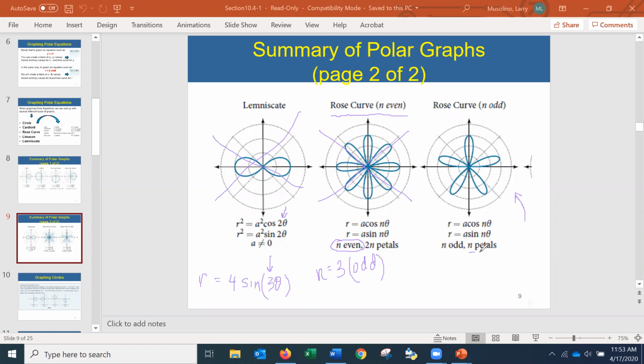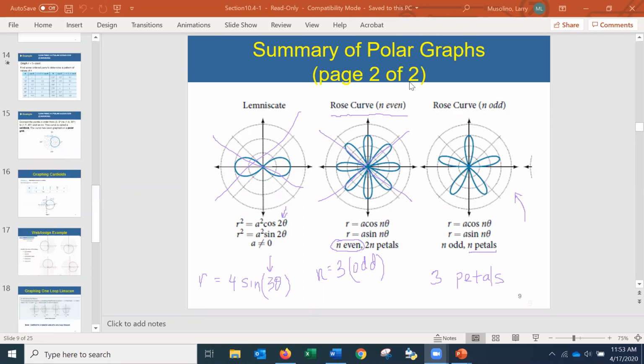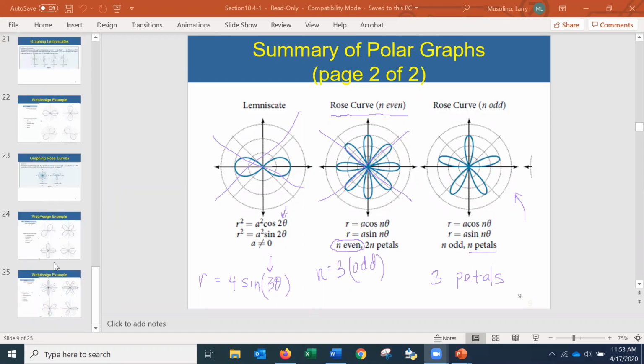And notice it says n petals. So our graph has to have 3 petals on it. Okay? So let's go back to our example and try to figure out the correct choice now. So we know it's going to be a rose curve, but it has to have 3 petals on it.